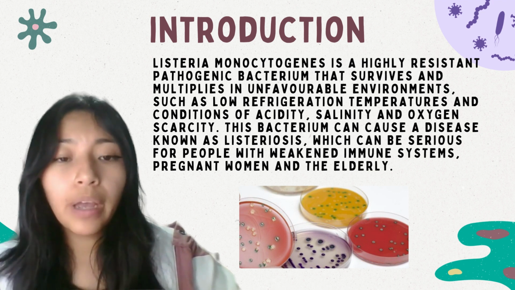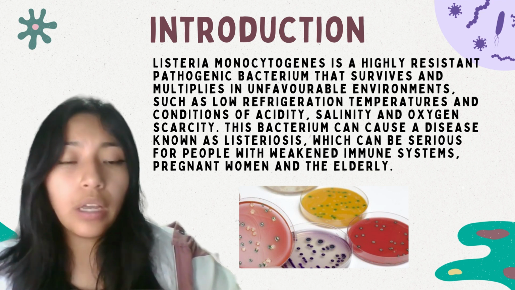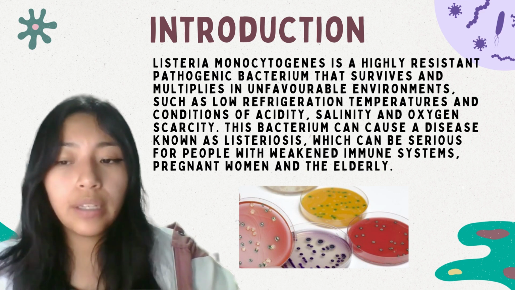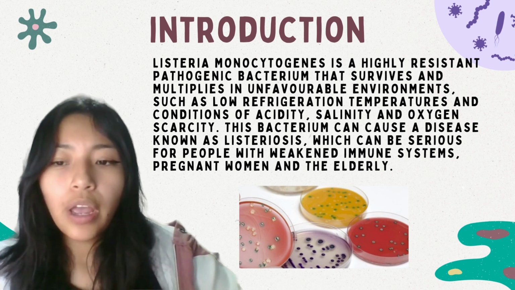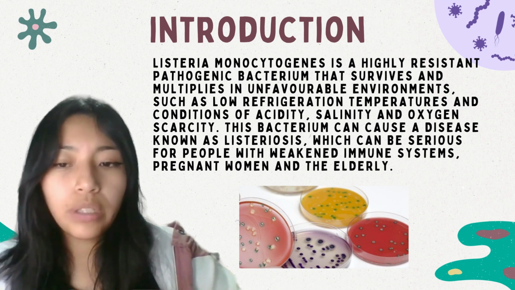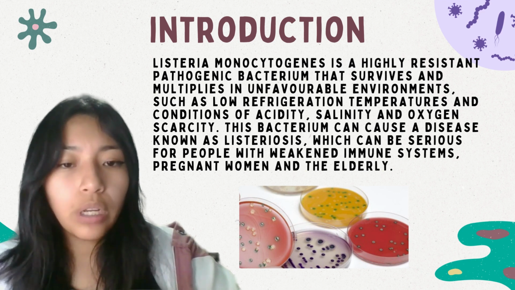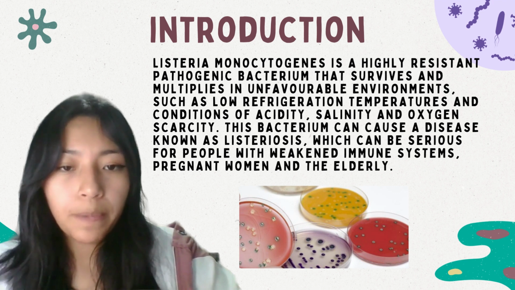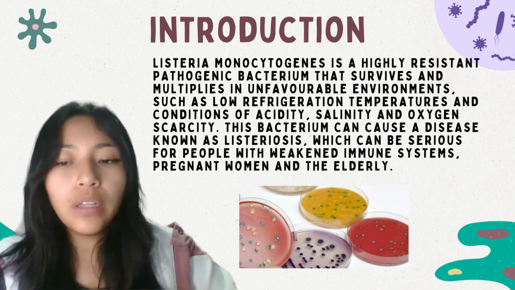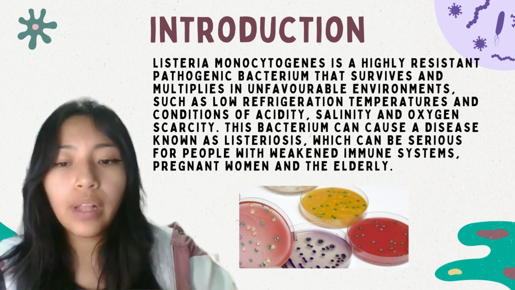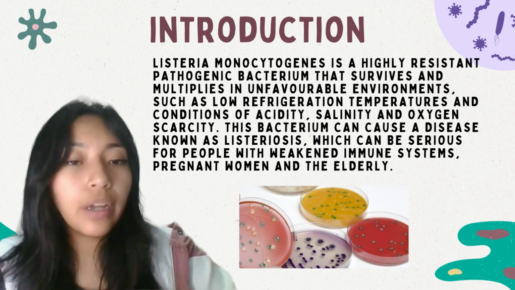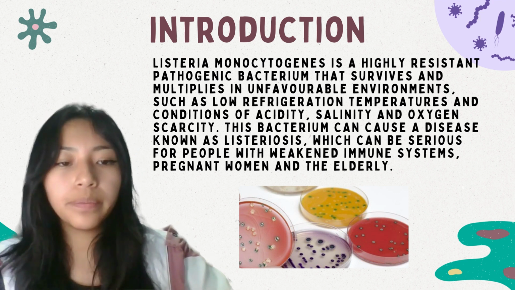This bacterium can cause an illness known as listeriosis, which can be serious, especially in individuals with weakened immune systems, pregnant women, and the elderly. In this practical, we will test for this bacterium in chicken liver.